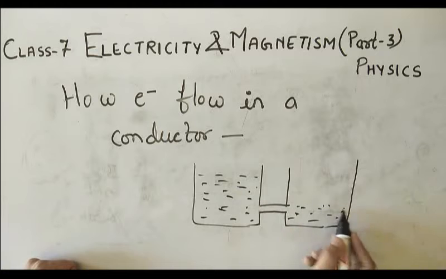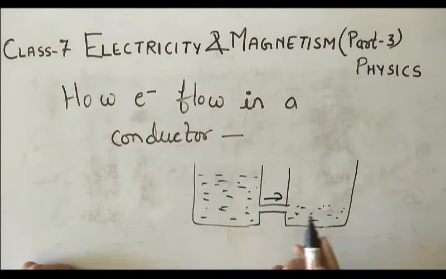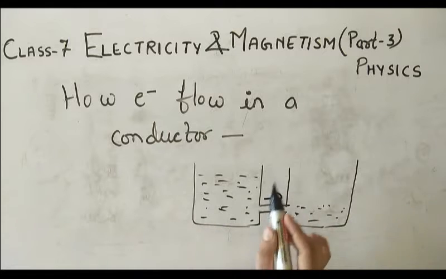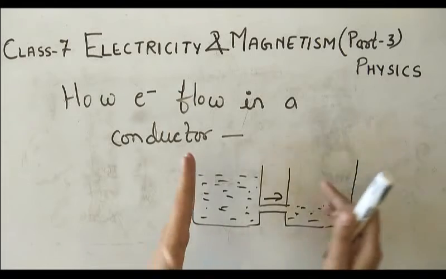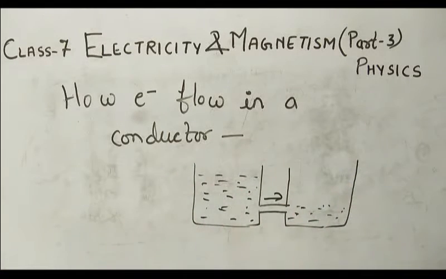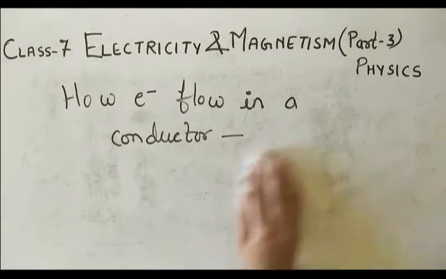What will happen? Water will flow from the higher region to the lower region, until the water levels equalize and they fill completely. In the same way the flow of electrons takes place.